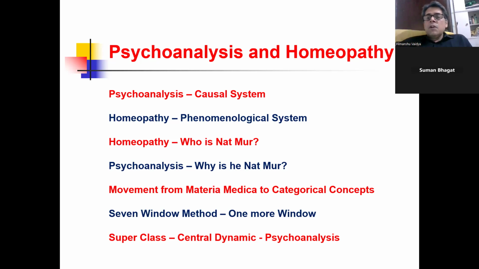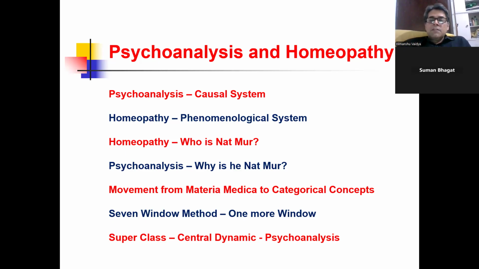And when you put all this together, you come to something called an ideal method. And in one of the videos I saw of Dr. Shankaran, he talks about a very good analogy to find the right remedy. The analogy is this. He says, imagine the remedy is sitting in the middle of a room which has 7 windows.